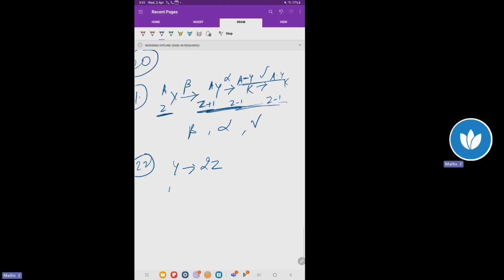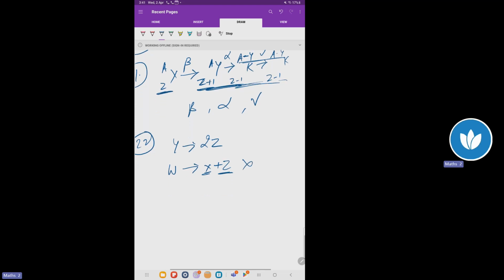W to X plus Z: X is more stable, but Z is less stable than W, so it will also not emit any. W to 2Y: Y is more stable than W, so it will emit energy. Option C.